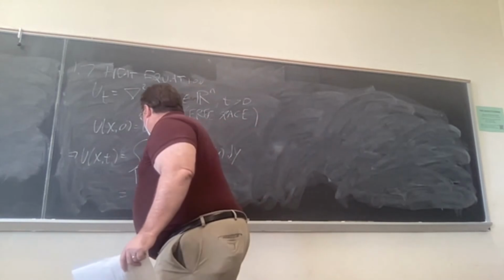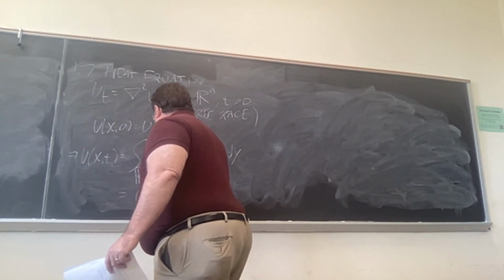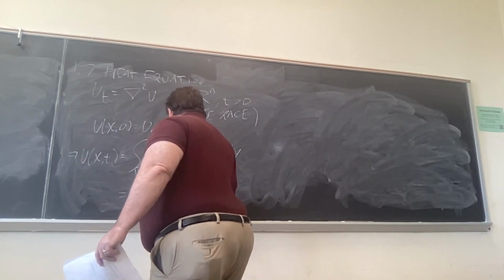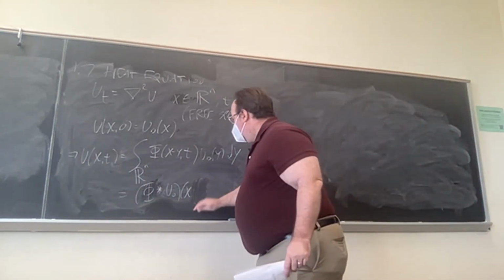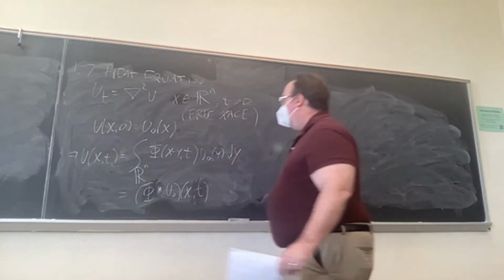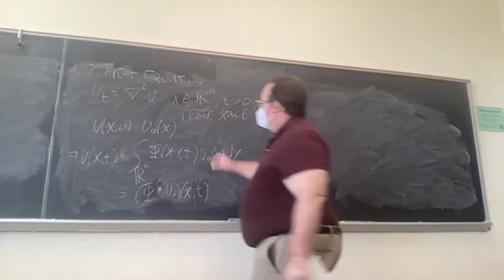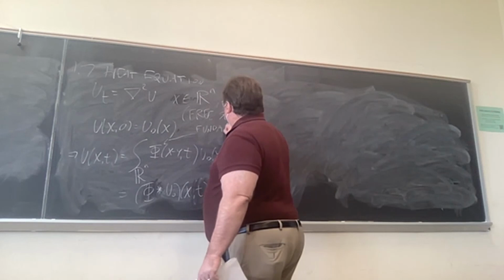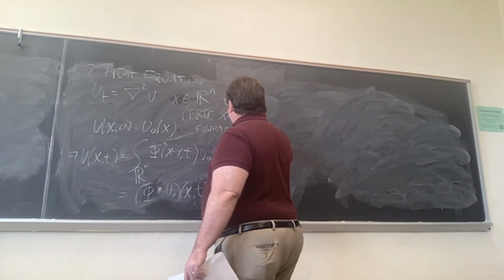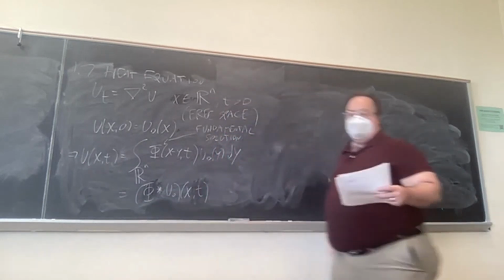All right, so I could also write this as phi convolved with u naught, expressed as a function of x and t. Now phi is the fundamental solution, and I wrote the formula for that last time. It's a decaying exponential.